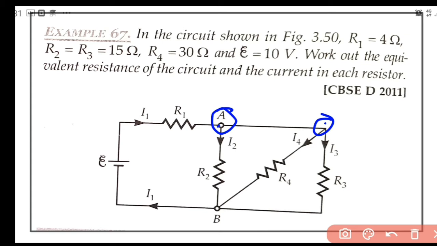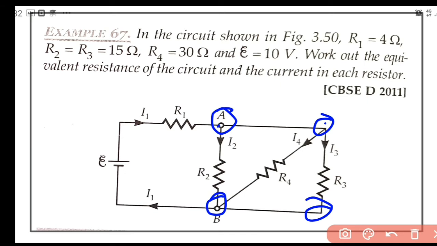Got it? So this R3, R4, R2, one end at the same point, the other end also, these 2 points also same. Got it? So what is it effectively? Even if it is drawn like this, effectively R2, R3 and R4 are connected in parallel.